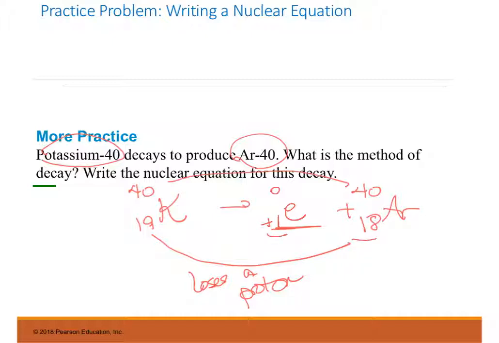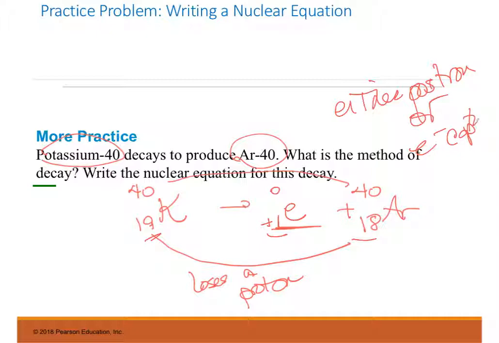So 1 plus 18 is 19. So it could be either positron emission or electron capture. If it were electron capture, you would have to show the electron being captured as one of the reactants.